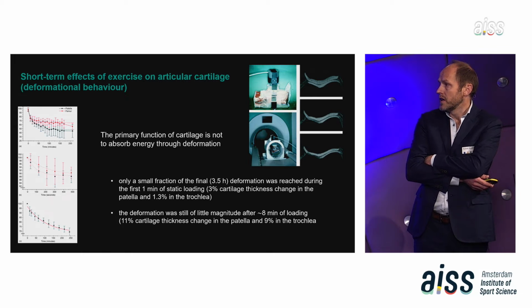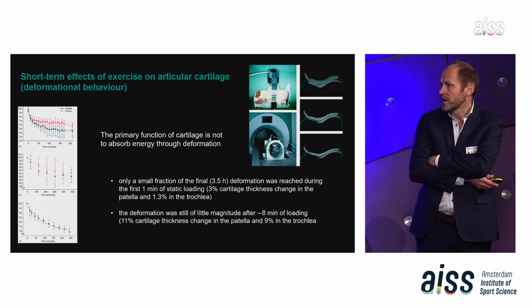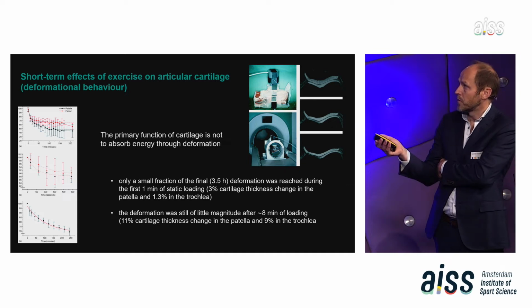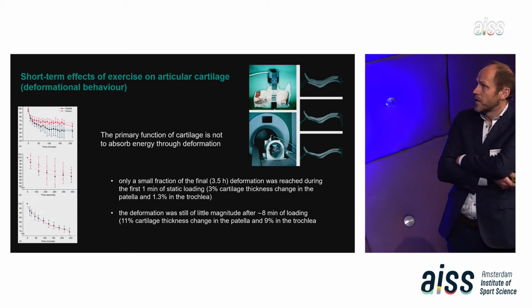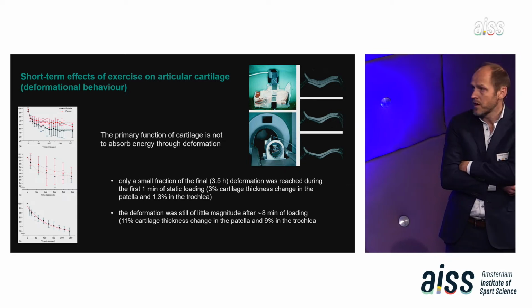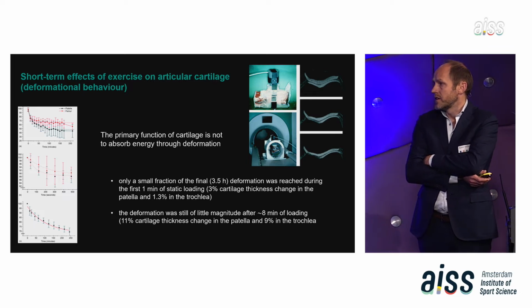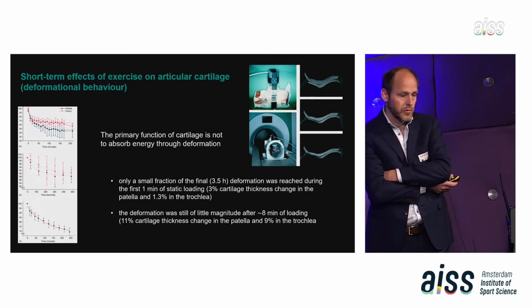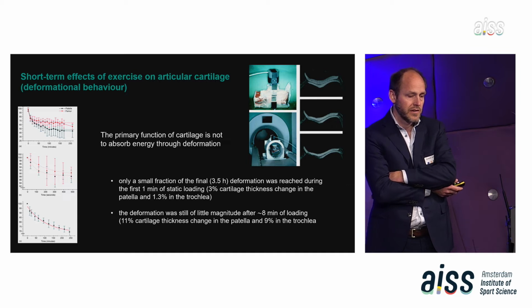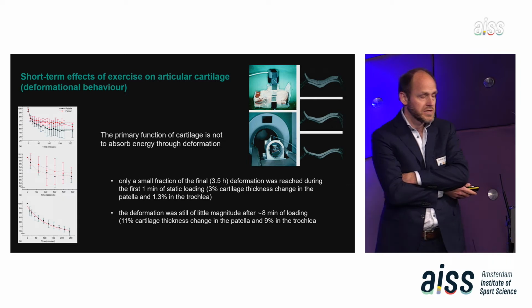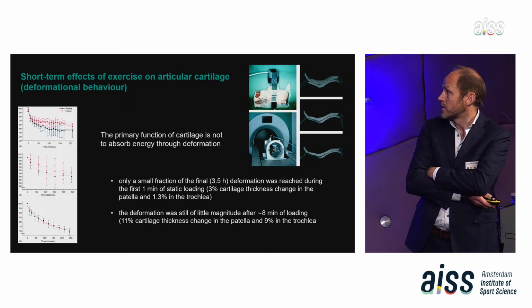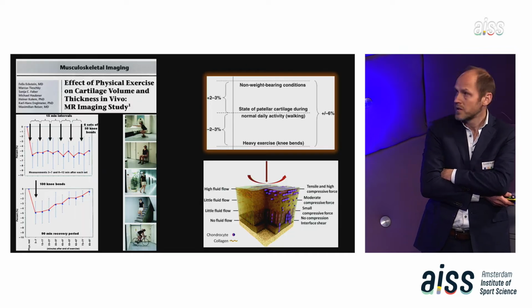Only a small fraction is deformed. Here they put like 150% of body weight on a knee joint and pushed it into an MRI scanner, and they saw that in the first minute only 3% of the cartilage thickness was changed, and even after 8 minutes only 9% of the cartilage thickness was altered. So there's not much deformation.